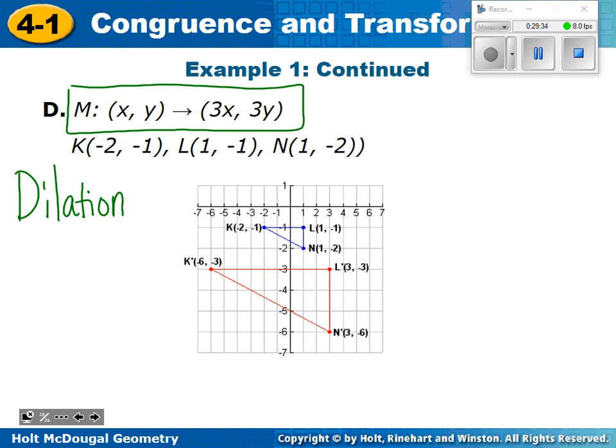Yes, dilation. Okay? Remember when you tell me it's a dilation, you have to tell me either an enlargement or a reduction. If the number you're multiplying by is greater than 1, it is what? Enlargement. So this is a dilation, enlargement by a factor of 3.